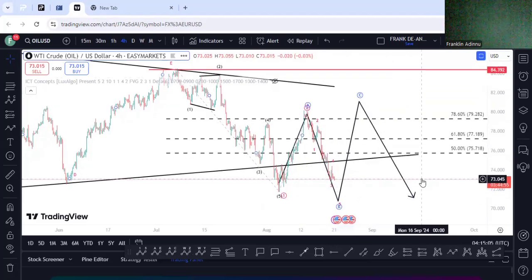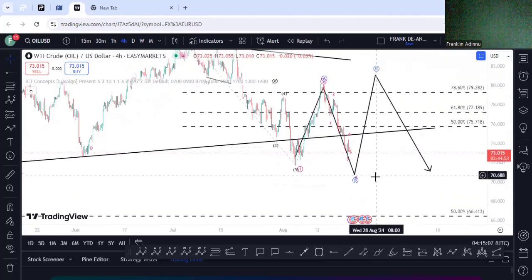What I'm expecting is an expanding flat.